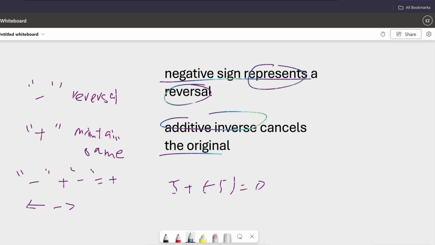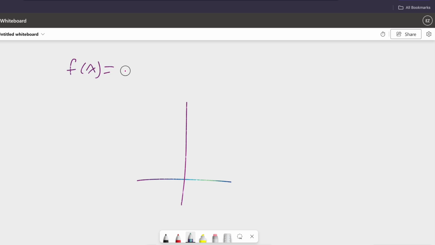Similarly, in a function, for example, f of x we define as x squared. f of 2 is 4. f of minus 2 is also 4.